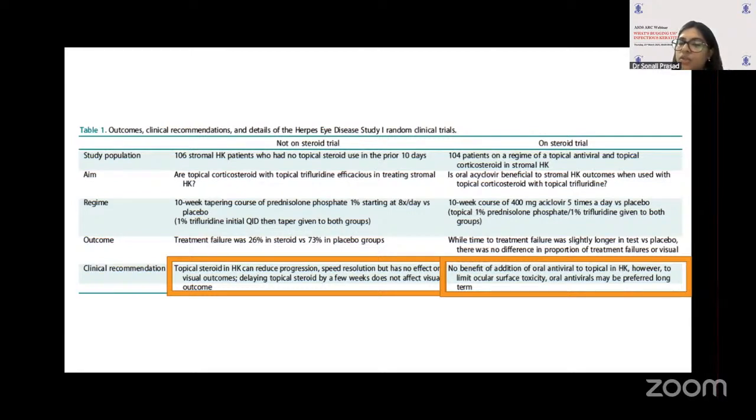Whereas adding an oral antiviral to topical therapy had no role in cases of non-necrotizing stromal keratitis. However, its role in ocular surface toxicity was recommended.